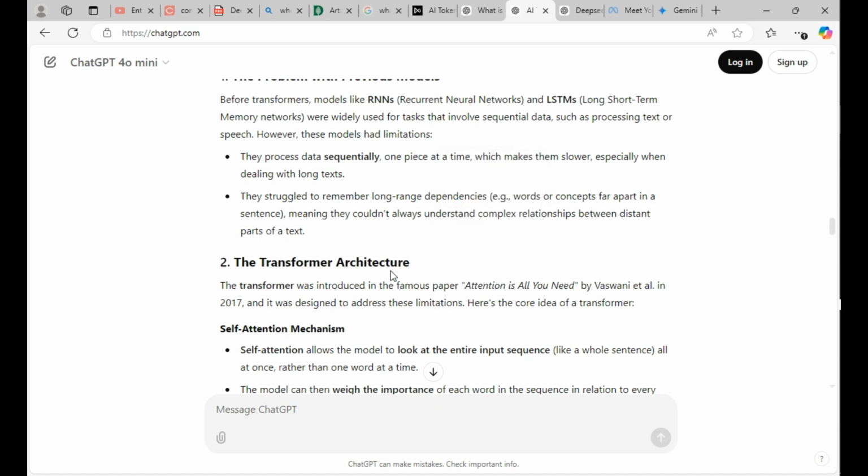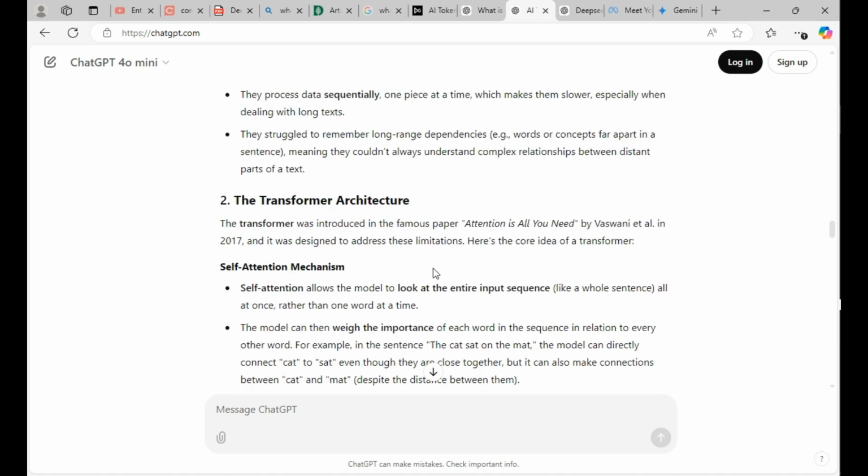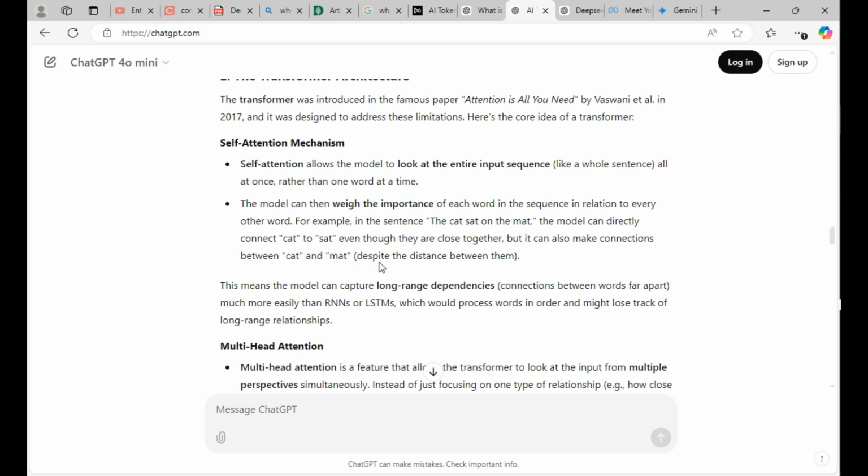Long story short, before 2017, information was processed sequentially, one bit at a time, one bit at a time. In 2017, something magical happened with the transformer architecture: it now processes information in what are called long range dependencies, so it's looking at it as a whole, so to speak.